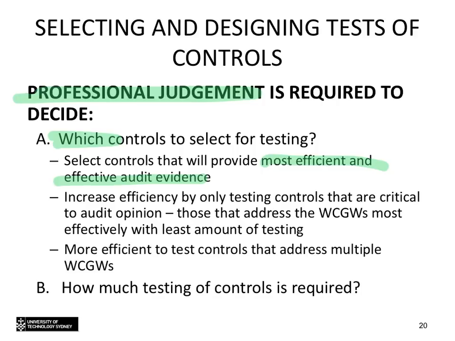So if I have a control that is about, let's say, occurrence of sales, that makes sure that sales really are real, like let's say the self-serve checkout at Woolies, right? When it weighs the basket, you scan the goods, and then it weighs the bag. So there is a control about occurrence of sales, sales of real goods to real people.